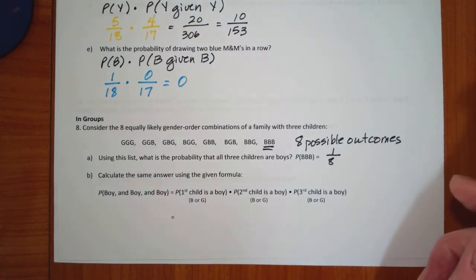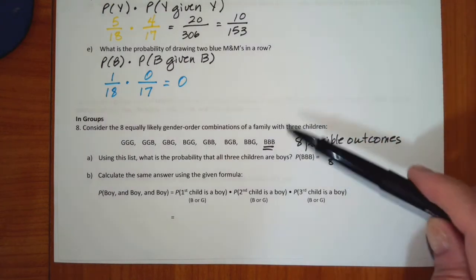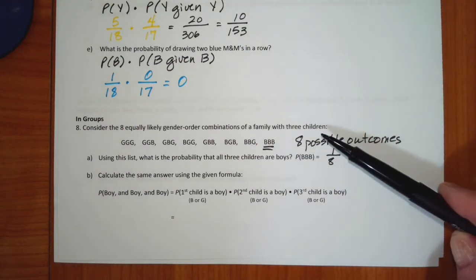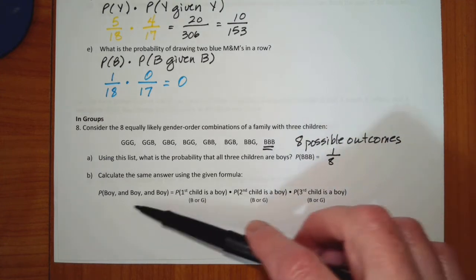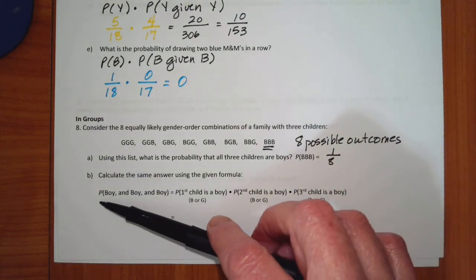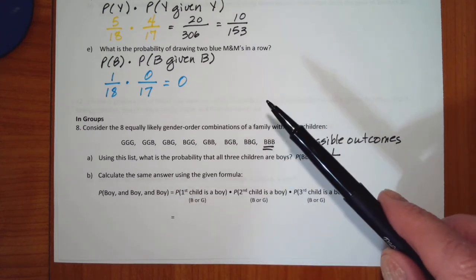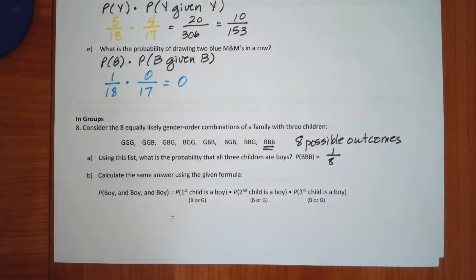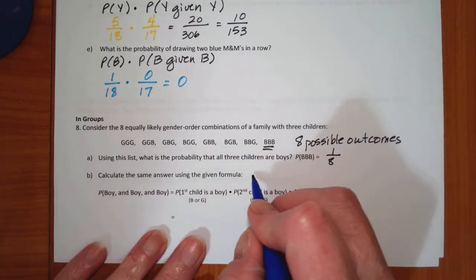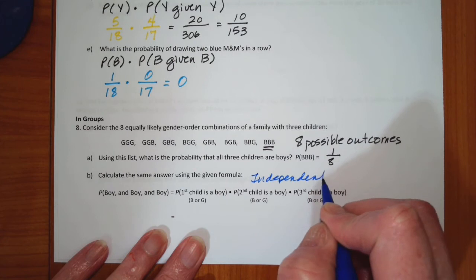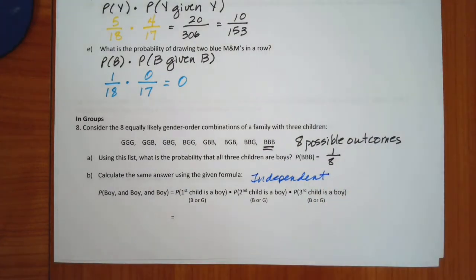Now, we can do this a different way. If we have all the possible outcomes listed, we can just find 1 out of the 8 possible. But if we want the probability of a boy and a boy and a boy, again, these are independent events. So the outcome of one has no impact on the outcome of the others.